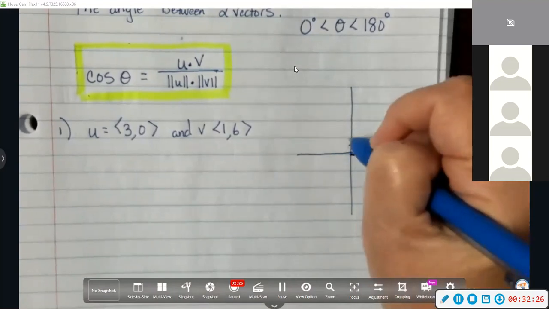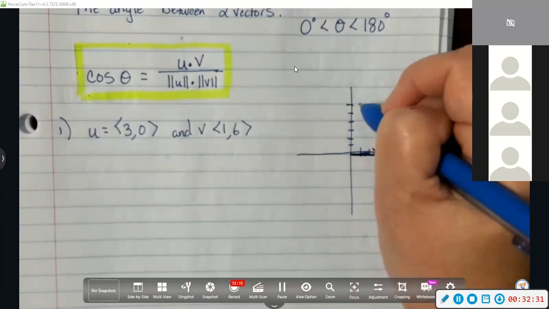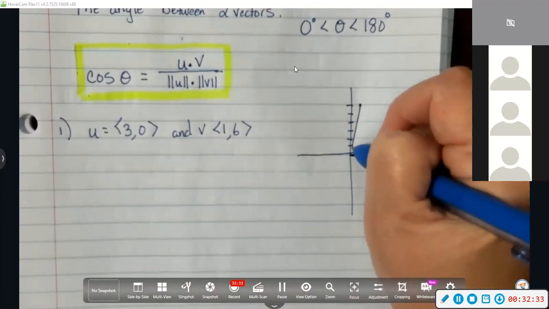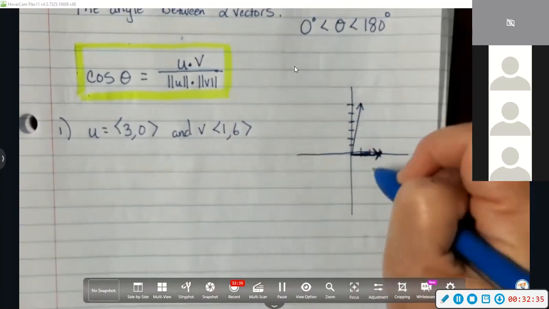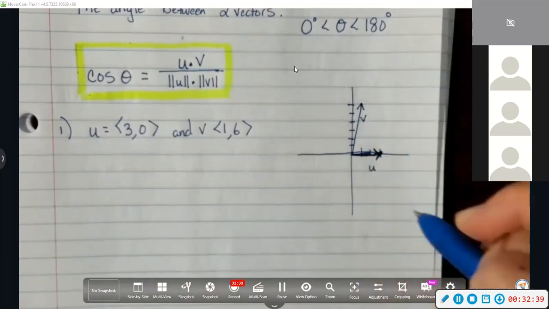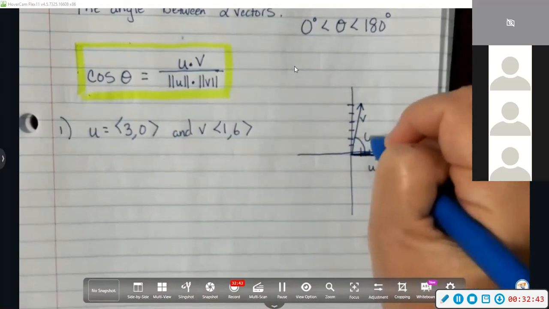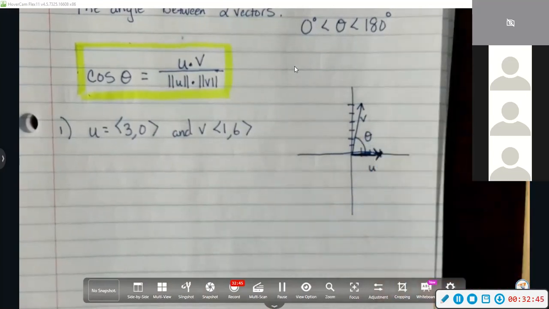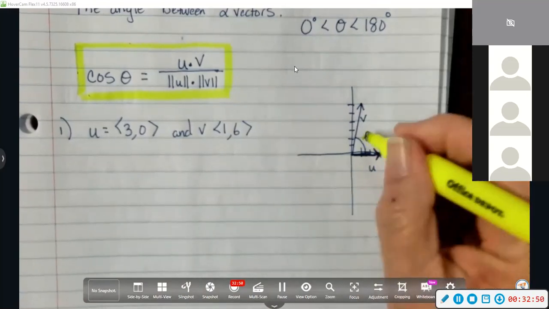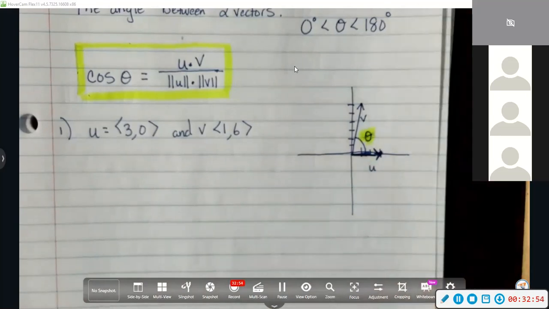And then vector v at 1, 6. So here's vector u, here's vector v. So here's the theta that we're looking for, right? We're looking for this guy right here, the angle between the two vectors. We're trying to find that theta.